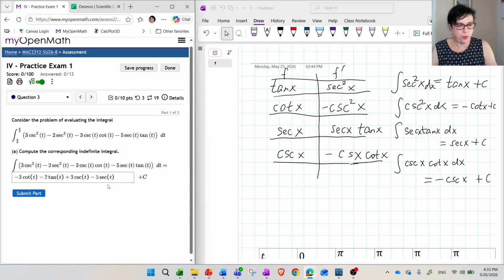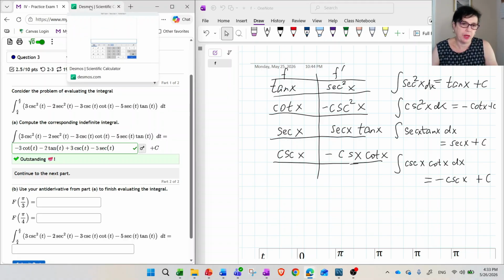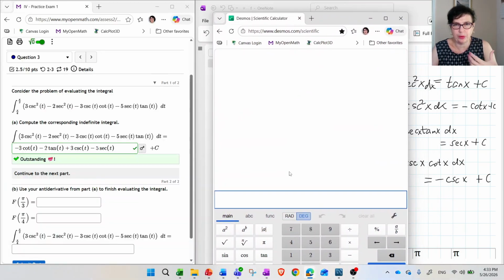Now that we integrated it, we are going to have to plug in the limits. But this is where the difficulty starts, because you cannot use the Desmos calculator. Why can't you? Well, you can kind of use it to check your work, but the teacher does not accept decimal answers.